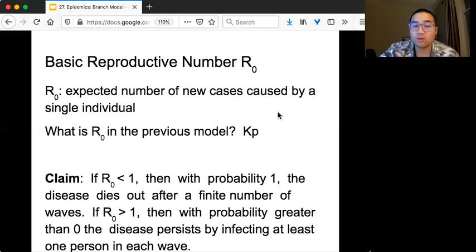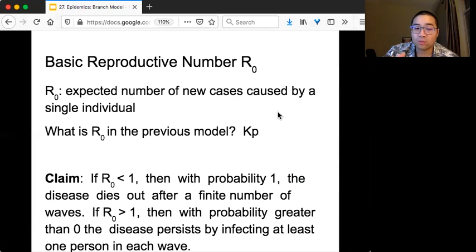And why is this so important? Under this branch model, you just look at R0. If R0 is less than 1, then you know for sure that eventually the disease will die out after a finite number of waves, meaning that it cannot keep spreading.